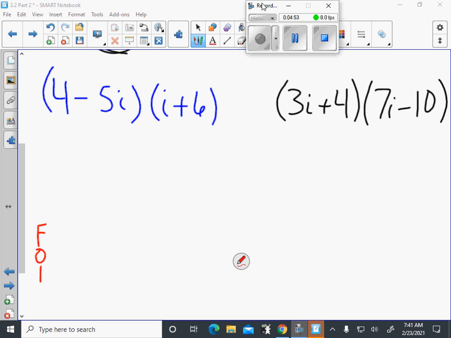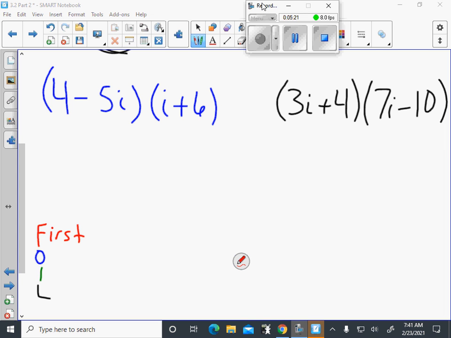FOIL. F is going to be in red, O in blue, I in green, and L in black. Okay, FOIL.